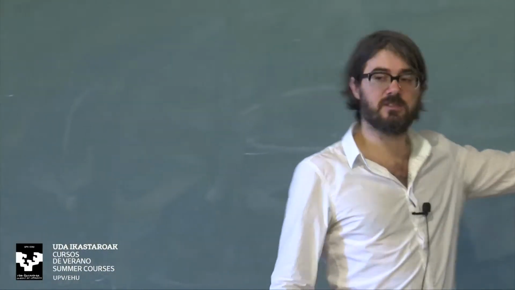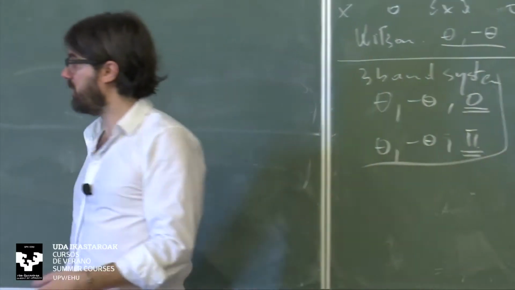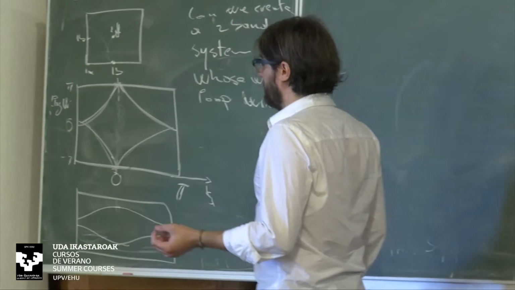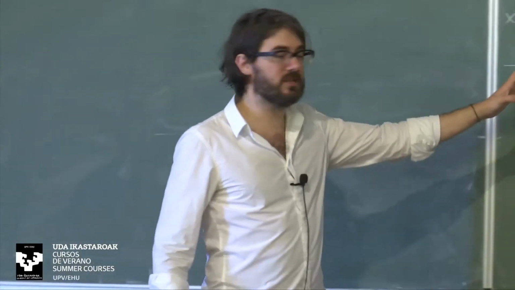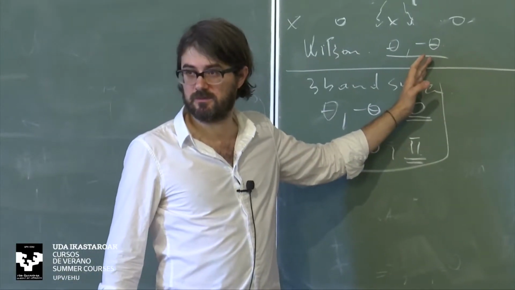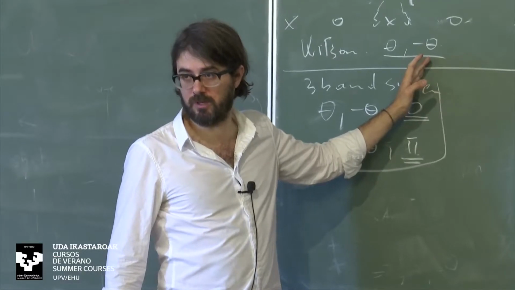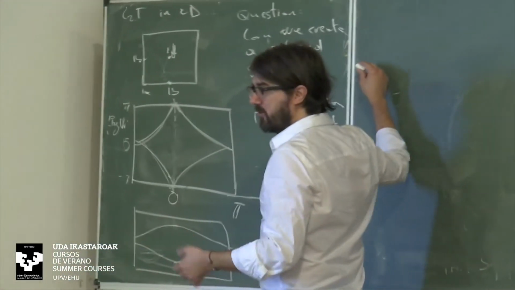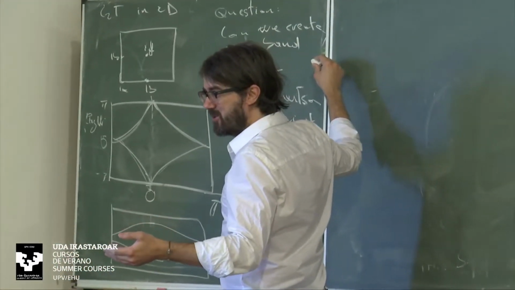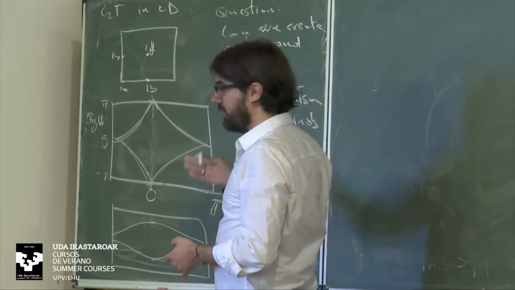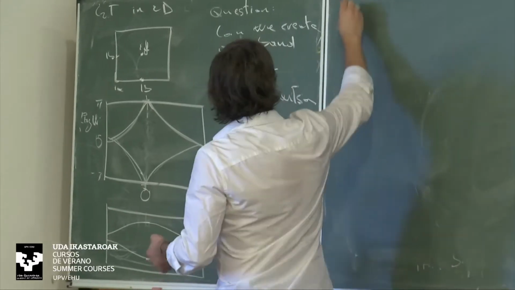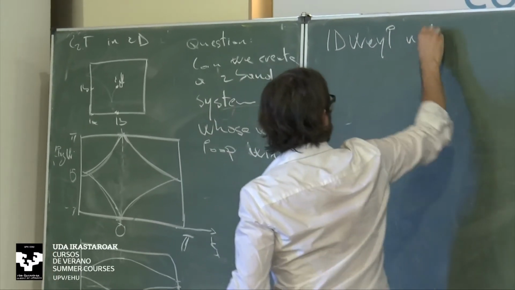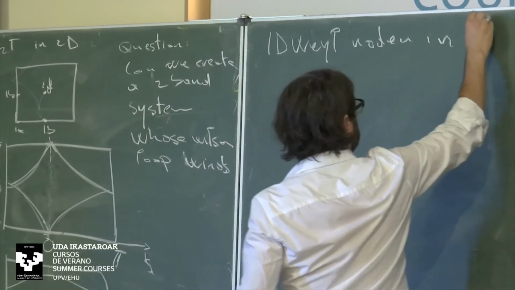And I can move the eigenvalues to theta, minus theta. So I should be able to do this. Okay? But there's a twist. The twist is that you can always do this locally in K-space, but not globally. So this is basically 1D Weyl nodes. So in 1D we don't have Weyl nodes in the real band structures, but in the Wannier center structure you do. So this is 1D Weyl nodes in the Wannier Hamiltonian.